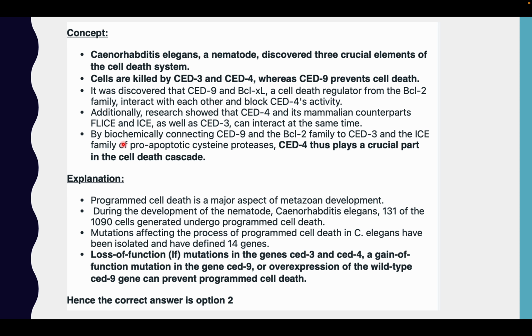You are talking about what? This sentence, it's written that overexpression of the wild type CED9 gene can prevent programmed cell death. Yes. So it is saying overexpression of the wild type CED9 gene. Wild type CED9 gene means normal. It could be overexpression of the CED9 gene, it means no other variant.